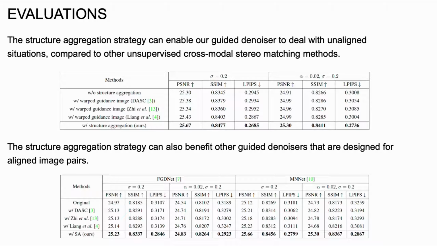Compared to other unsupervised cross-modal stereo matching methods, it's our structure aggregation strategy that enables the guided denoiser to deal with unaligned situations. Besides, this aggregation strategy can also benefit other guided denoisers that are originally designed for aligned image pairs.